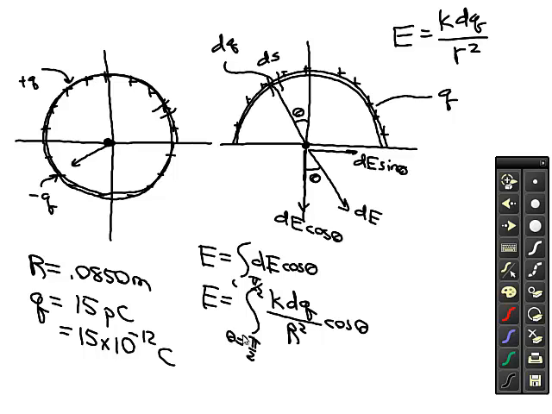Sorry, Klara. So look at my diagram. If this is the angle, that means 0 is straight up and down. So we're going to integrate from negative 90 degrees to positive 90 degrees. There we go.